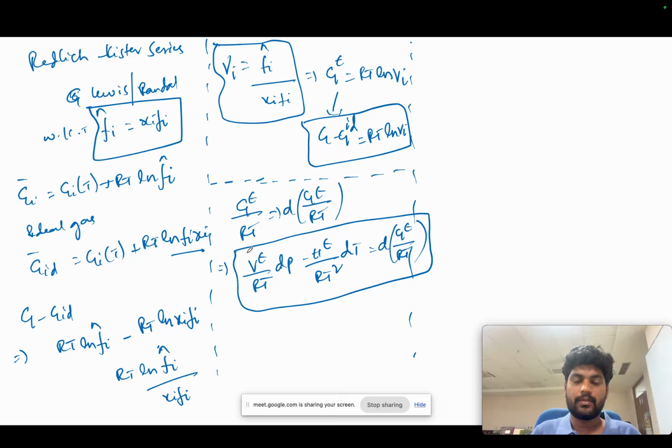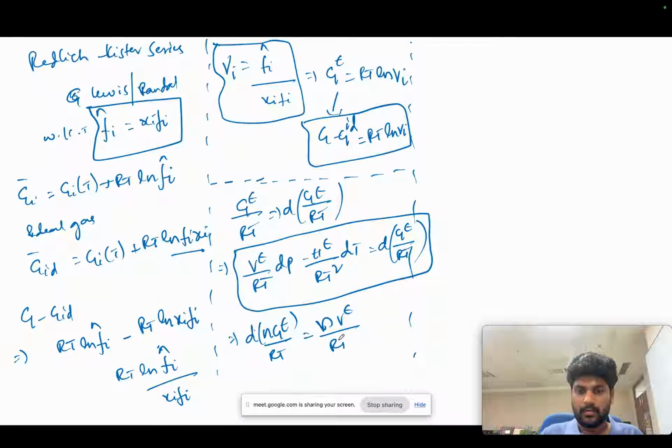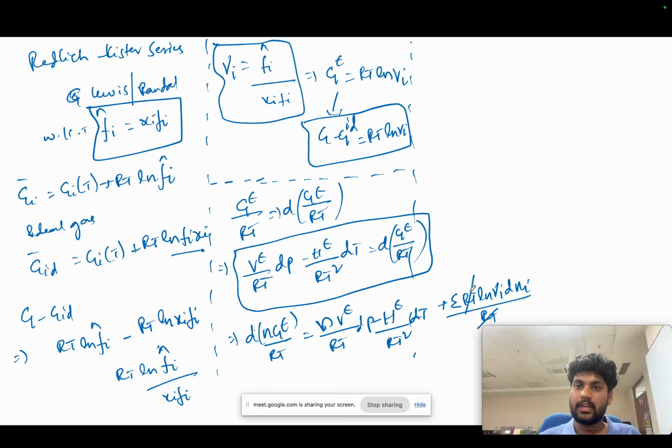Yes, sir. Okay, fine. So from this equation, if I take a closed system and if I take not only two components but, say, multiple components, then this equation will become this square dT plus sigma of ln dni by RT gets cancelled.